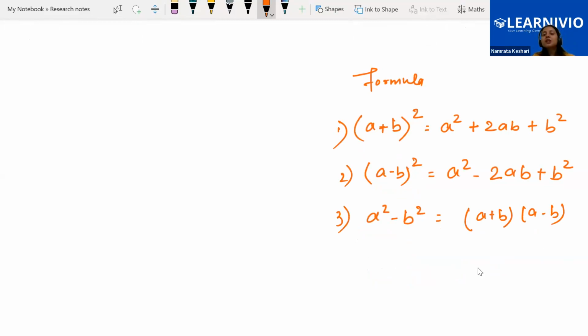These two are different formulas. You are not going to get confused between formula number 2 and formula number 3. Be careful, these two are completely different scenarios.